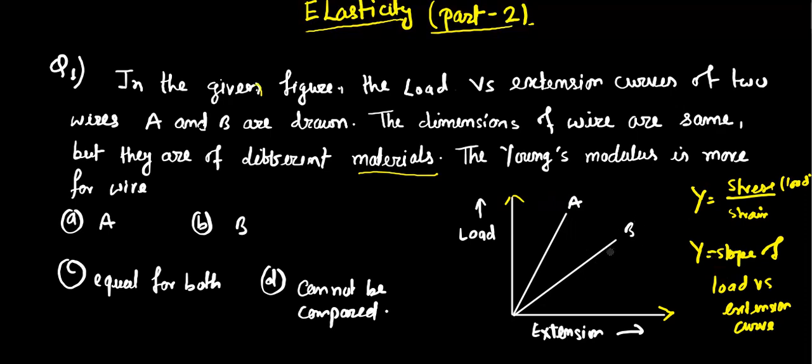So we have to find which of them has maximum slope. From this figure we can easily say that material A has maximum slope for load and extension. That's why we can say material A has maximum Young's modulus.